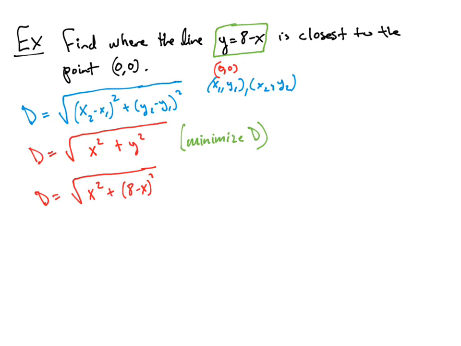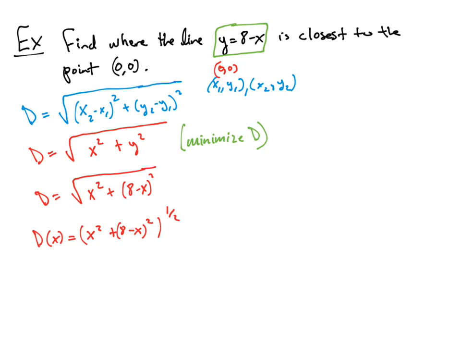That's just d of x. We can write it, and what I'm going to do is rewrite the square root with an exponent of 1/2, because when we take the derivative, we'll use the power rule.